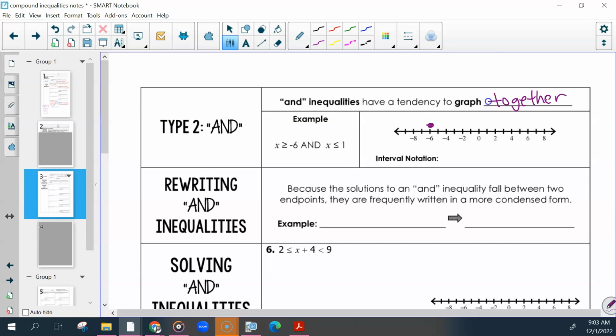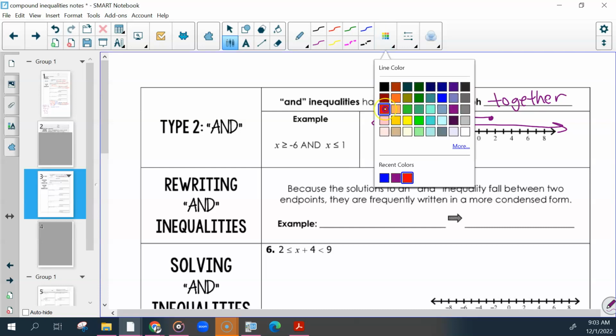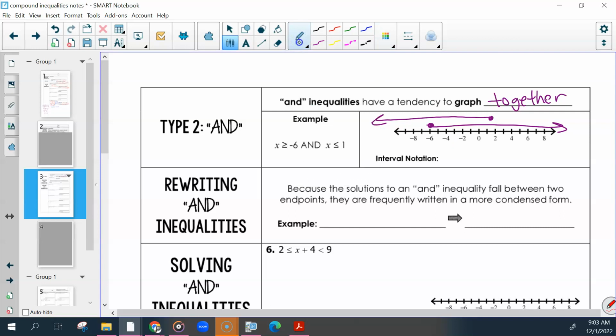So that would be closed, going to the right, and closed, going to the left. What happens is they overlap, and that overlap is what we're looking for. So from -6 to +1 is what we're looking for.